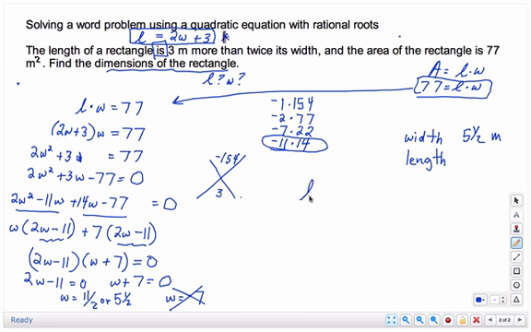Length equals 2 times the width plus 3. Width is 5 1/2, or I'm going to rewrite it as 11 halves, plus 3. So the 2's cancel, leaves me with 11 plus 3, which is 14. So length is 14 meters.